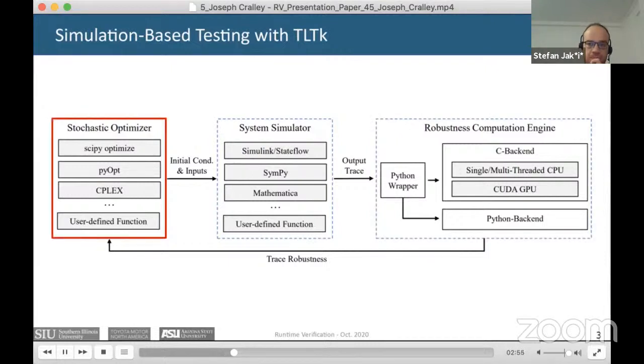The final module that TLTK works with is the stochastic optimizer. This is used to change the inputs into the system simulator to minimize the robustness returned by the robustness computation engine. There is an implementation of a stochastic optimizer used to change the inputs and initial conditions of the system with the goal of minimizing robustness.